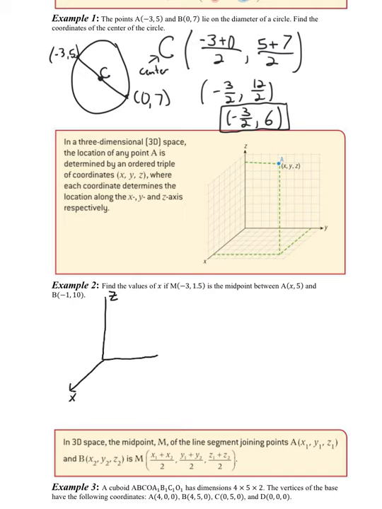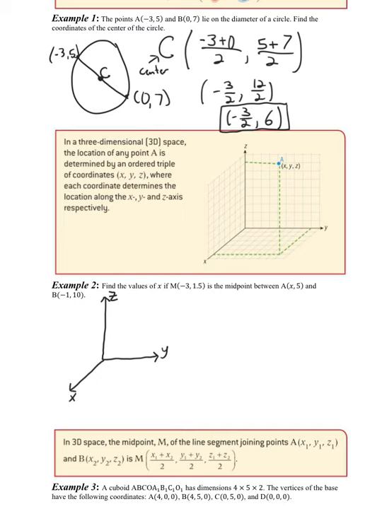So that's what this image is showing in the yellow box here. And we'll go ahead and label x, y, and z. And let's see, so this is saying in a three-dimensional space, the location of any point A is determined by an ordered triple of coordinates, so 3 points.